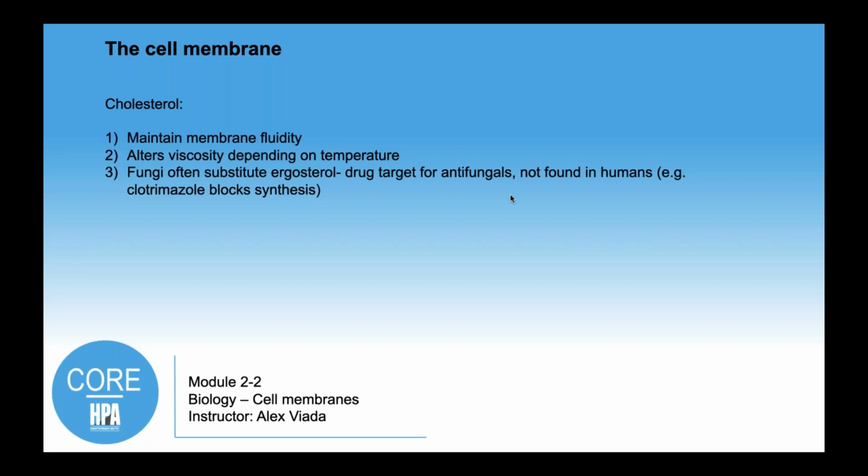Interesting to note is that it is not cholesterol in certain other species. For example, fungi. Some of you may recognize ergosterol as a drug target for antifungals. If you know vitamin D, vitamin D2 utilizes this as a precursor, and if you look at it, it says this is not found in humans. This compound itself is what fungi use in place of cholesterol.